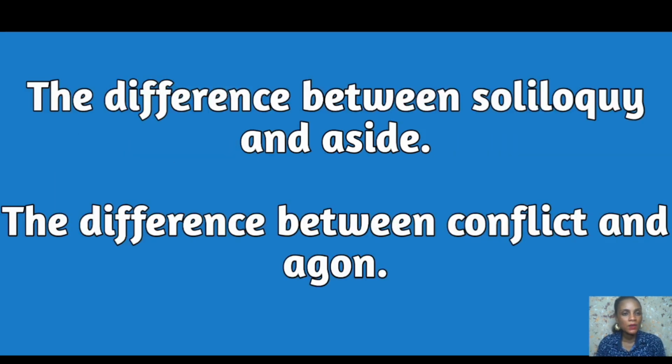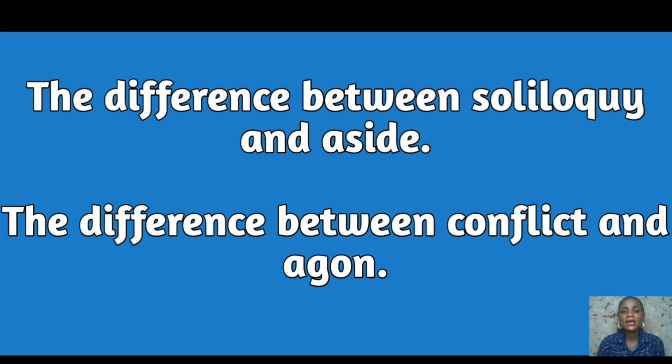Finally, we have to look at the difference between soliloquy and an aside. The difference between soliloquy and an aside is when a character gets to soliloquize, he or she does not compulsorily have to open his or her mouth. It could be a form of background voice where the audience gets to know what the character is thinking in his or her mind.